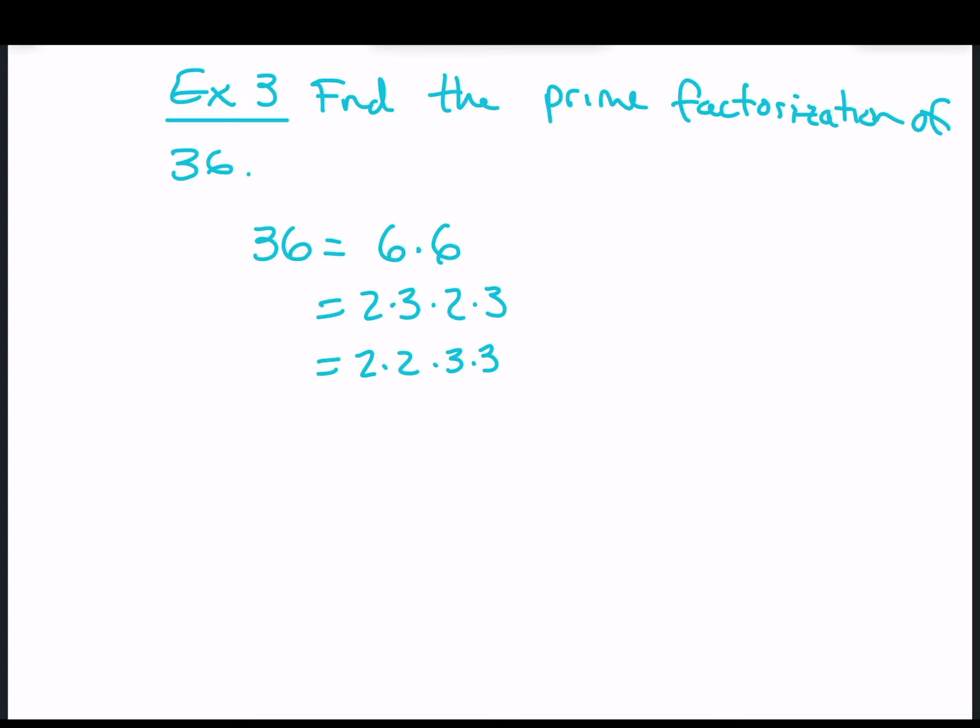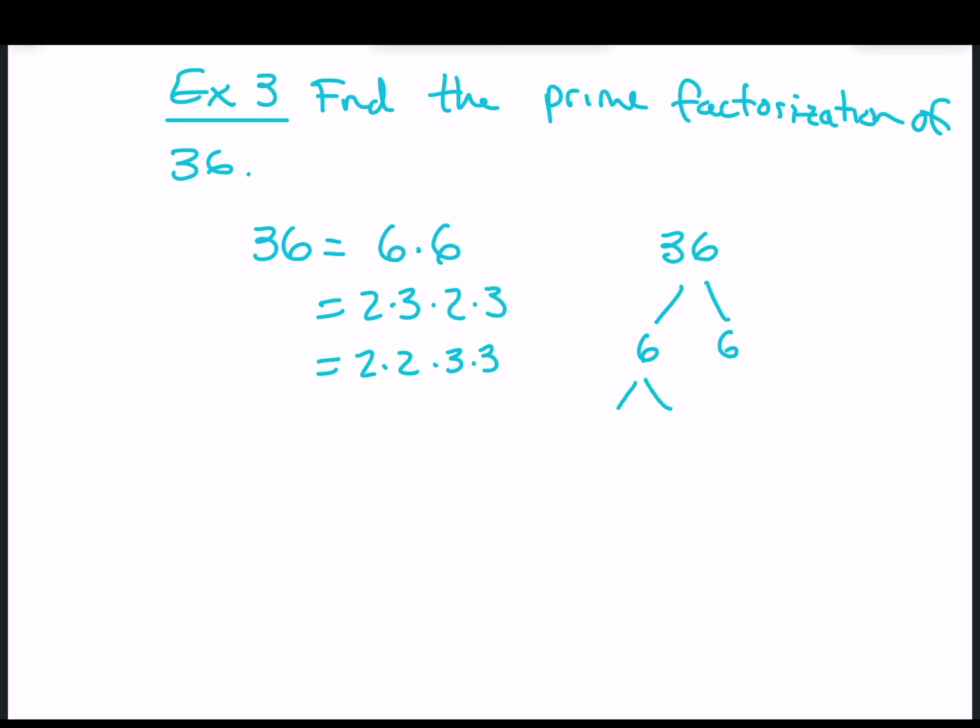Now, another way you may have seen this is using a factor tree. So you can write 36 at the top, and you find 2 factors that you can rewrite that as. Again, in this case, 6 and 6 is fine. You can choose other numbers if you want. So 6 and 6, neither one of those are prime.